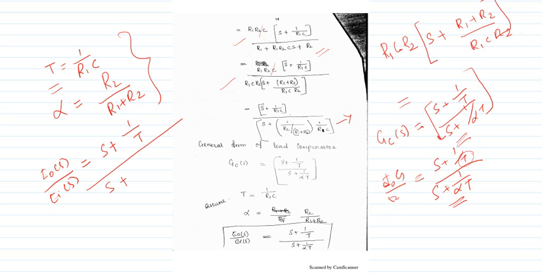So this 1 by R1C is going to become T, and this term R2 by R1 plus R2 is going to become alpha. So S plus 1 by alpha T. So this is my final expression of my lead compensator.